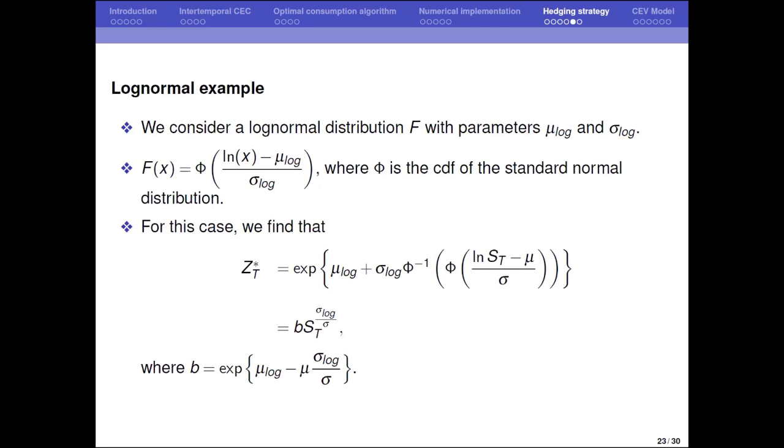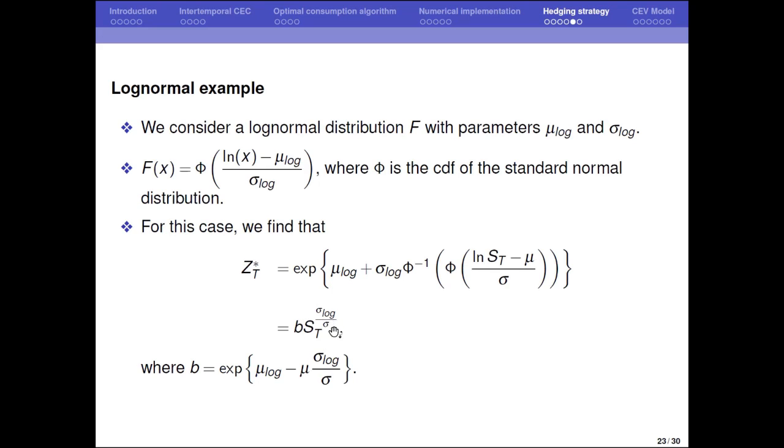So if I apply this to a log-normal example, we find that if we take the representation of the distribution of the log-normal, Z star has this shape, and this is important.